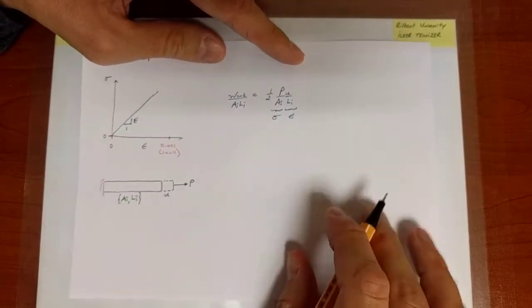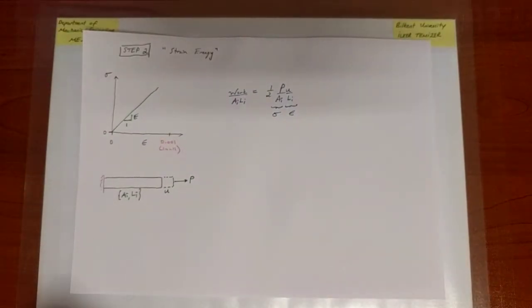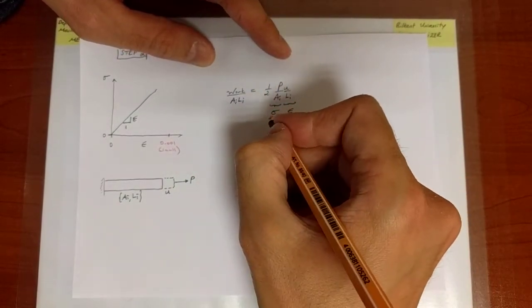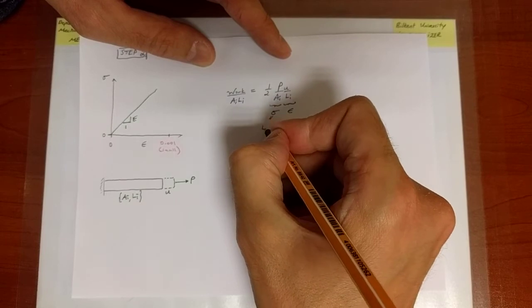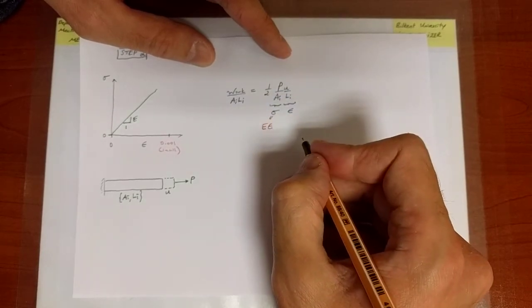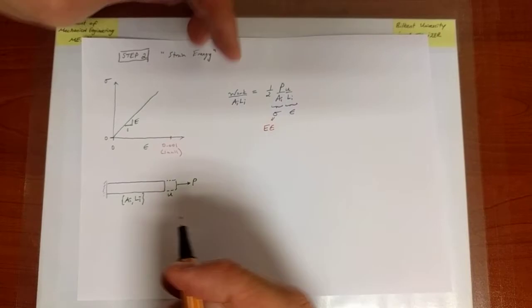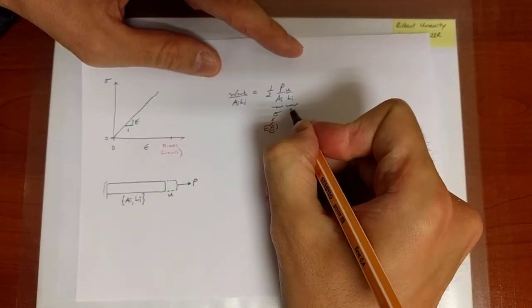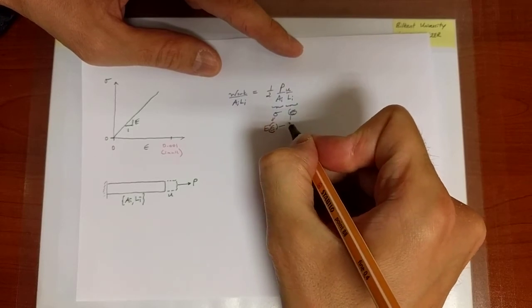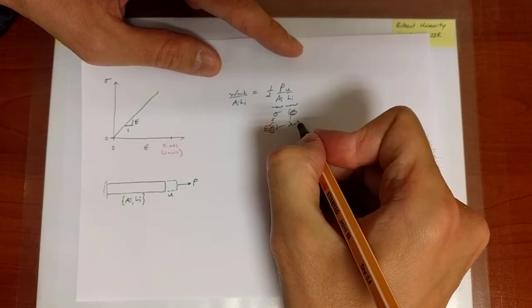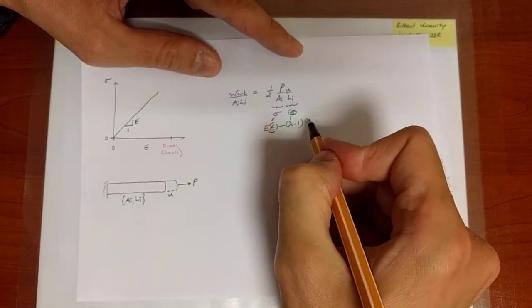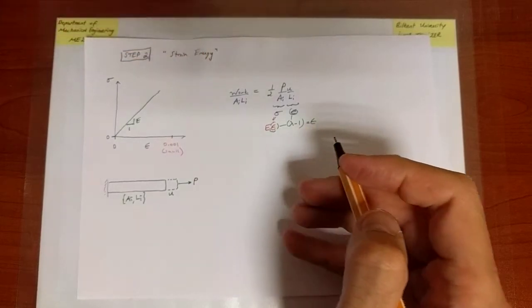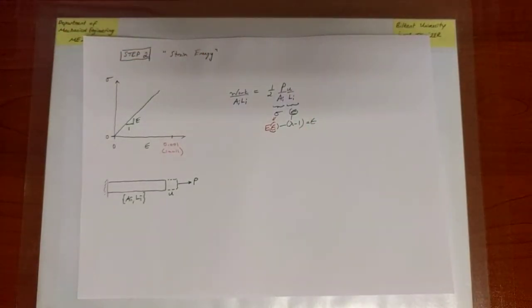Now, this stress is related to the strain because I am in the linear elastic regime, linear deformations. I know that they are proportional. Sigma is E epsilon. Now, on the other hand, I also remember that the strain can be expressed as lambda minus 1. Because lambda is defined as 1 plus epsilon, so lambda minus 1, stretch minus 1, is epsilon.